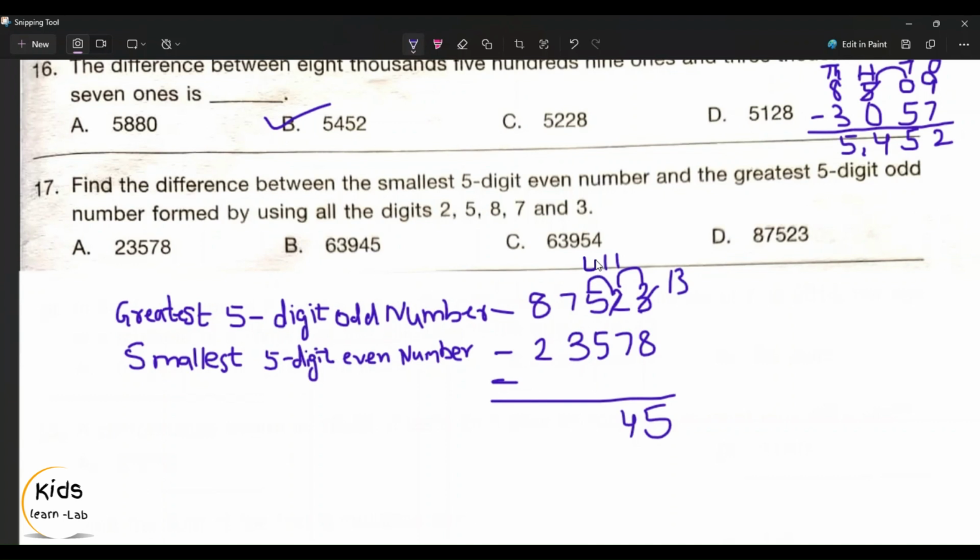It becomes 4. 4 minus 5 will not go. So take a borrow. Becomes 14. 14 minus 5 is 9. 1 went borrow over here. So it becomes 6. 6 minus 3 is 3. So 8 minus 2 is 6. So 63,945 is the answer. So option B is the right answer, children.